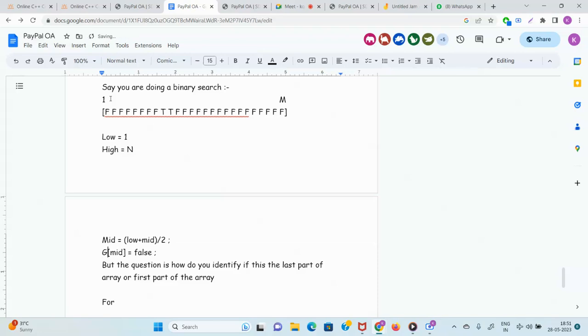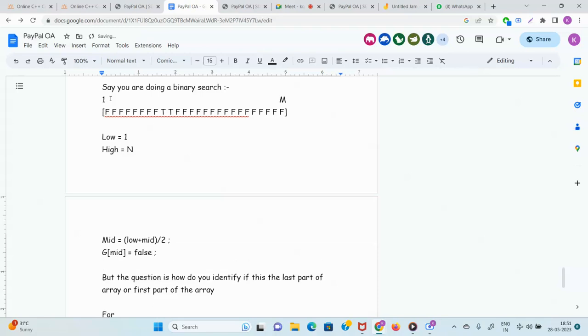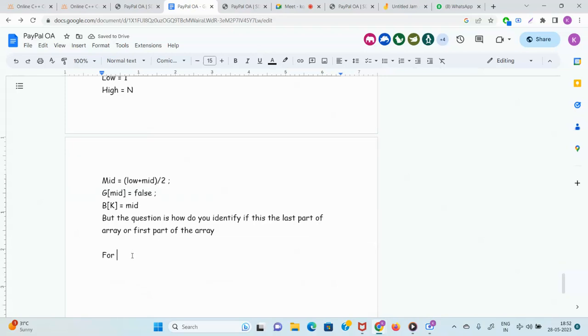Let's say g is a function which tells you the answer. So g of mid is false. This means that you were trying to set b of k as mid. For b of k equal to mid, you can calculate the L and H values.